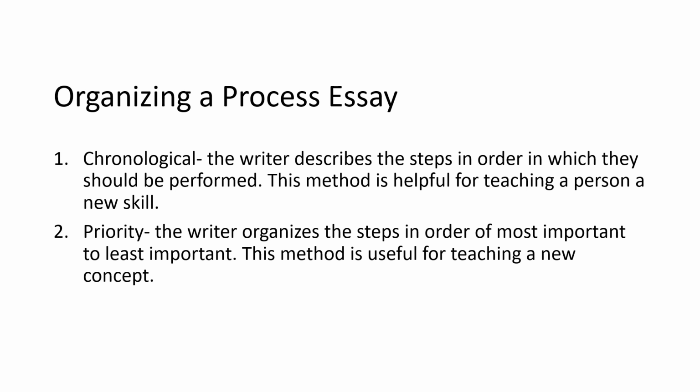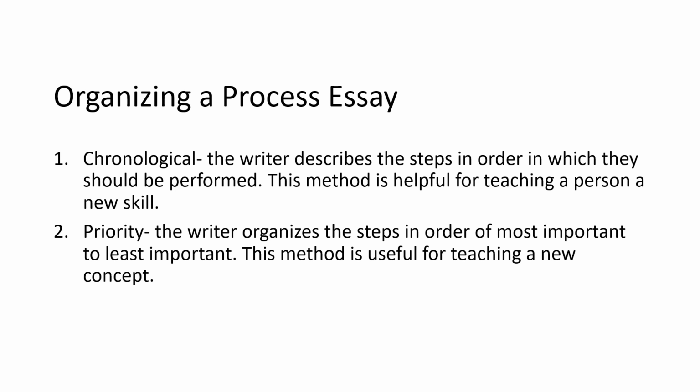Okay, so remember that these 2 structures in organizing a process essay are only applicable in paragraphs 2, 3, and 4. So how are you going to organize, for example, the steps in cooking lasagna? Which of the 2 structures would be the best structure to use to explain the steps in cooking lasagna?